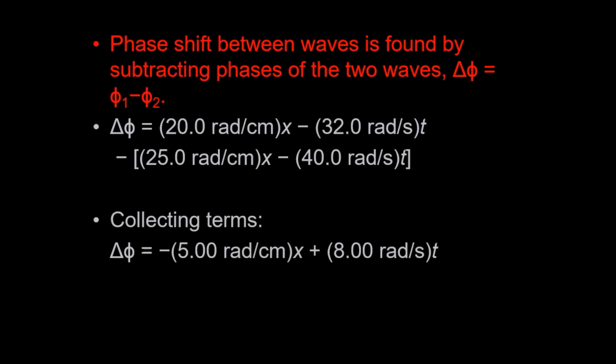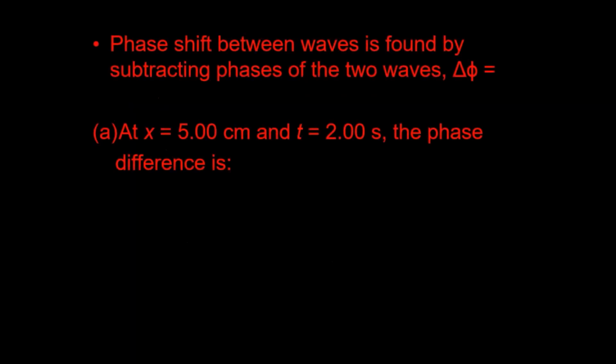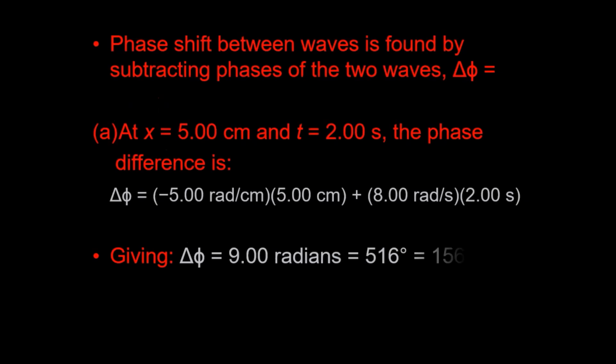If we collect our terms together, delta phi will be minus 5x plus 8t. That means delta phi will be negative 5 times 5 plus 8 times 2, or negative 9 radians.